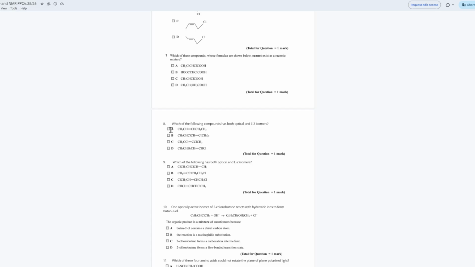A riveting question. They're all quite similar. B has two carboxylic acid groups, so surely that one isn't even chiral whatsoever. B can't exist as a racemic mixture if it doesn't even have a chiral carbon, no?